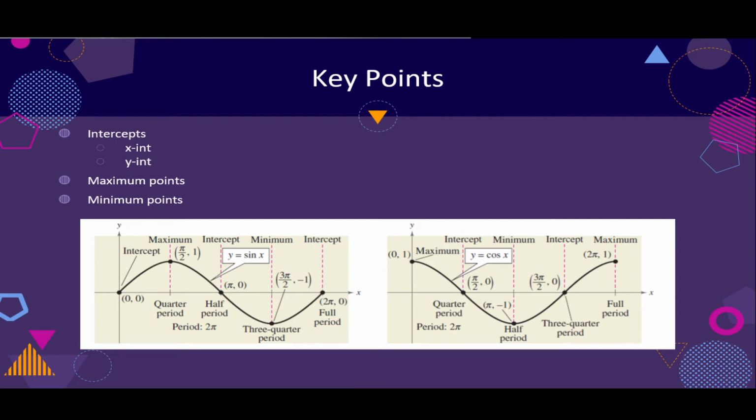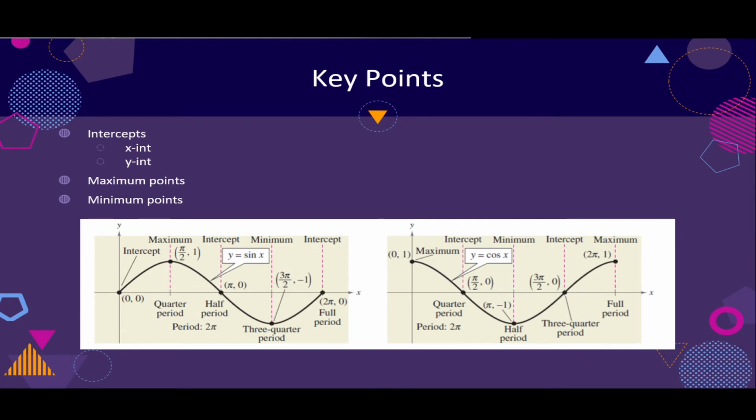Now notice that it follows a 2 pi function because it will repeat the same maximum and minimum every single cycle. So its minimum for sine is 3 pi over 2, 7 pi over 2, 11 pi over 2, or 3 pi over 2, negative pi over 2, negative 5 pi over 2, negative 9 pi over 2.